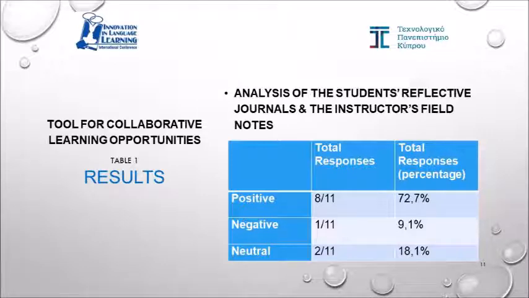Positive perceptions also were based on the online presence of students. So my online presence is automatically a worldwide presence. The spectrum is bigger. Another comment was, whether we like it or not, this is the new way of communication. So as we can see, their perceptions were positive.